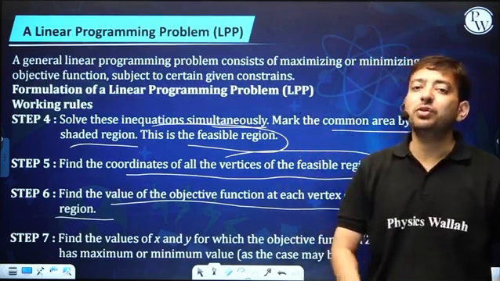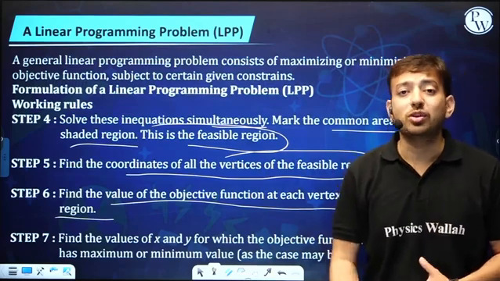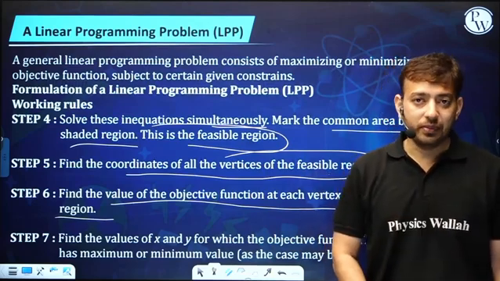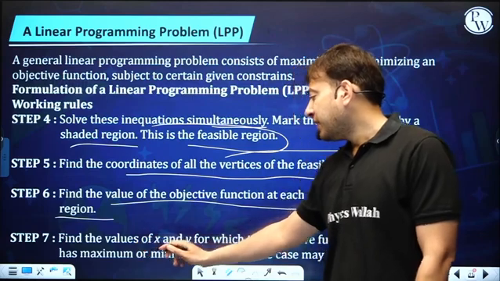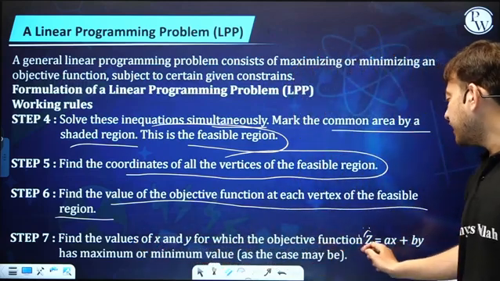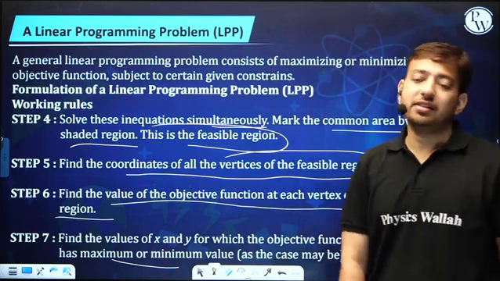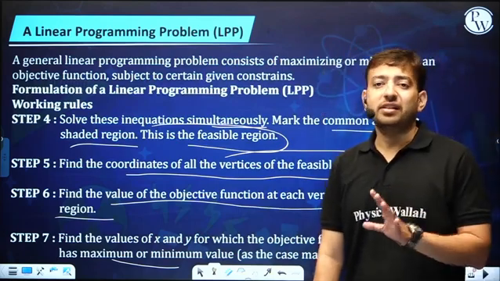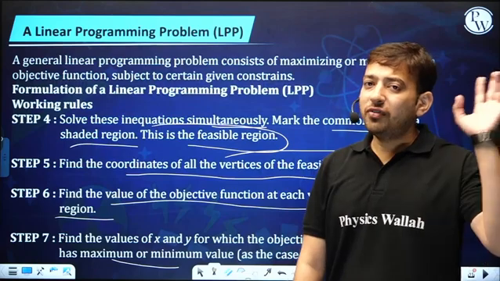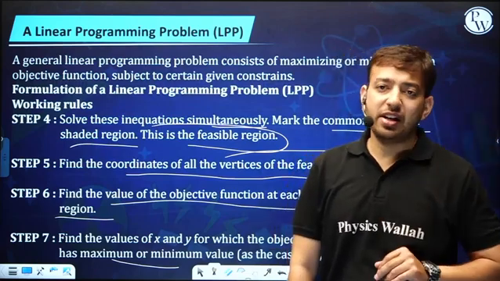So that's why we need to find the objective function value at the vertices. Then find the value of x and y for which the objective function is maximum or minimum, as the case is asked. That's it. What we have done is, first of all, we solved simultaneous equations.